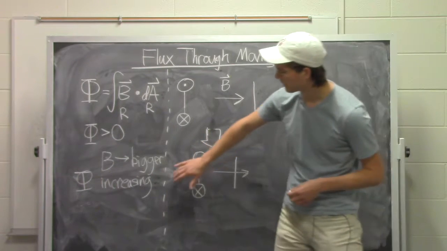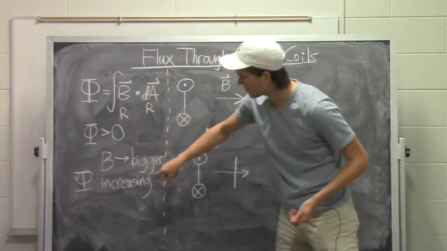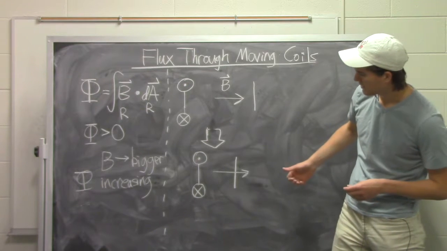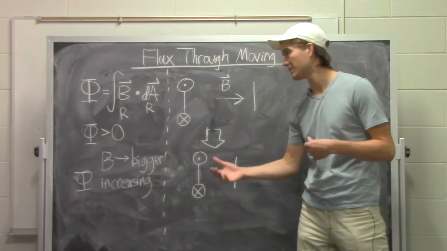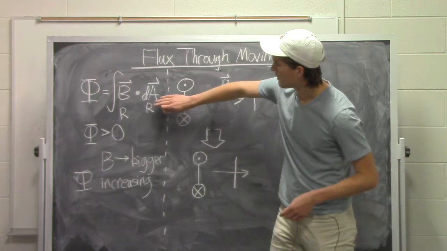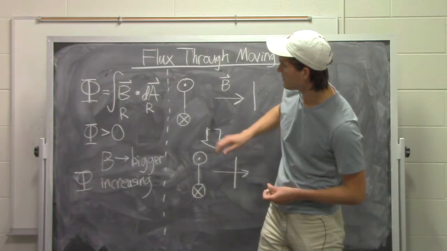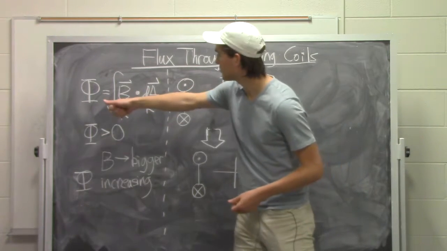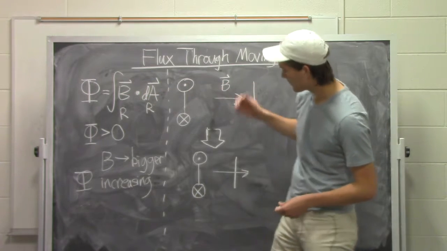Since the change in flux is positive, which just comes from the fact that the flux is increasing, we know that the induced current is going to create a magnetic field whose corresponding flux is negative. So we can refer back to this simple equation for the flux and see that the induced current is going to create a magnetic field that's pointing to the left in order to create the negative flux, since the dA vector is pointing to the right.